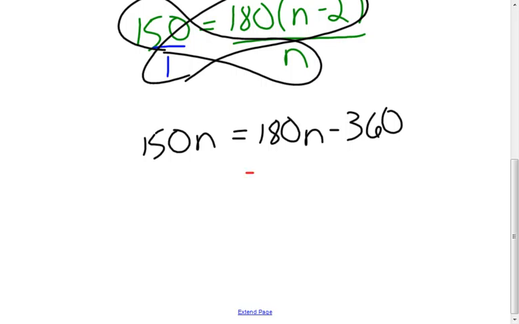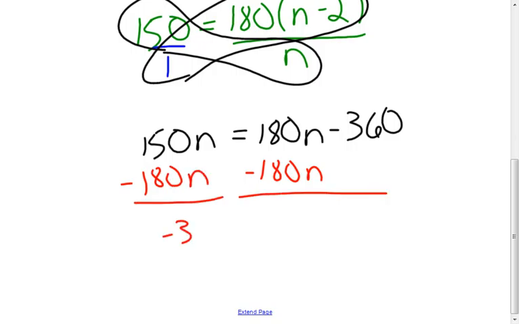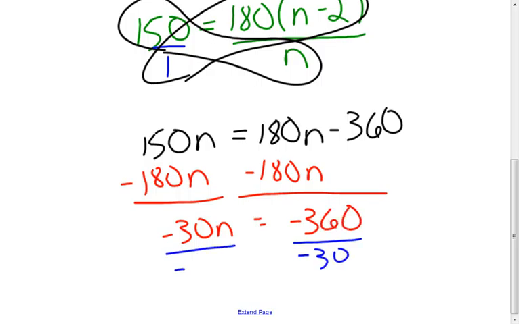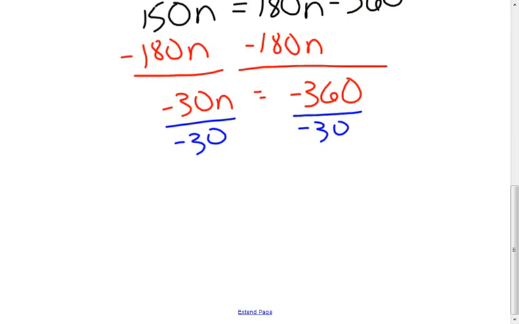What I would do is I'd get rid of the 180n. Now I'm left with negative 30n equal to negative 360. If I divide both sides by negative 30, I find out that n equals 12, which is, again, the number of sides and the number of angles of this polygon.